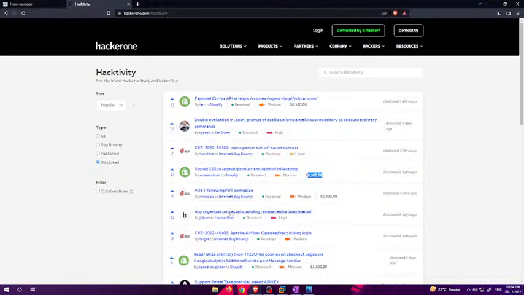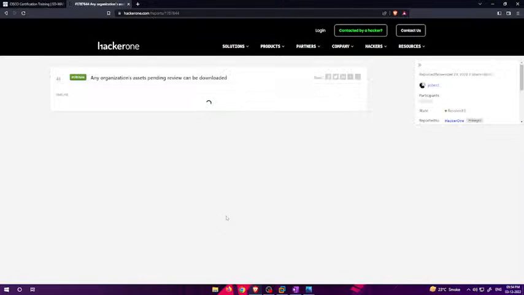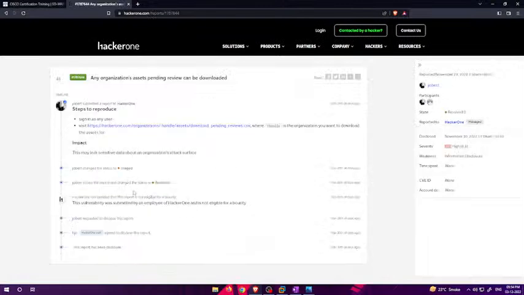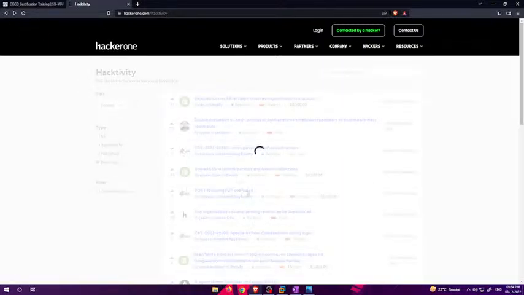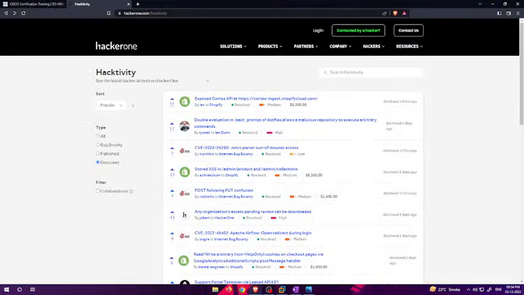You can go with any of the reports and search over here. If you can understand how things work, it's well and good, and you can apply those things in the programs. So it is about activity like bug bounty. If you want to pursue a bug bounty career, if you want to get into the cybersecurity world, these are the things.